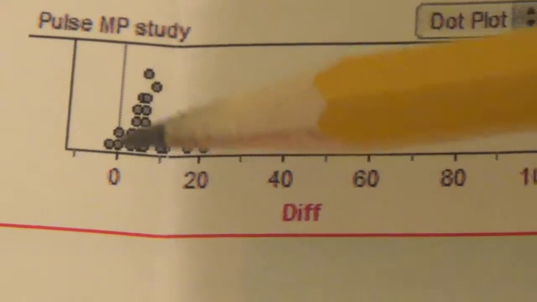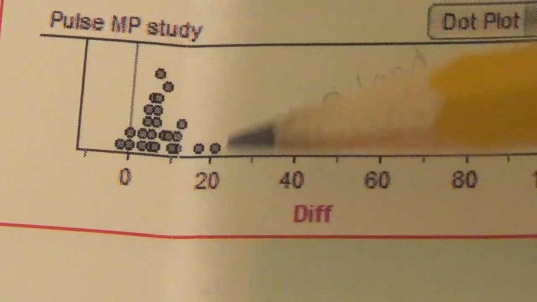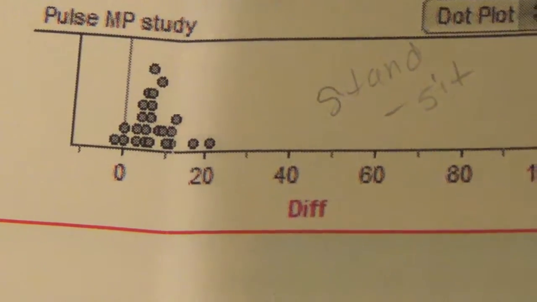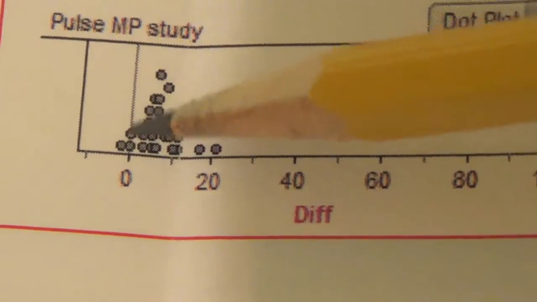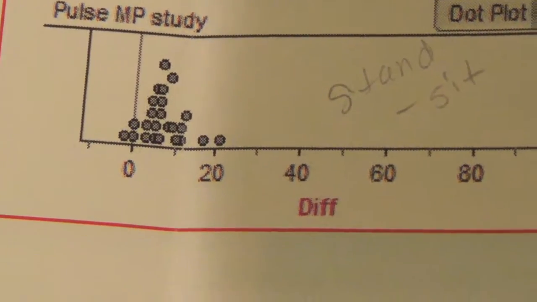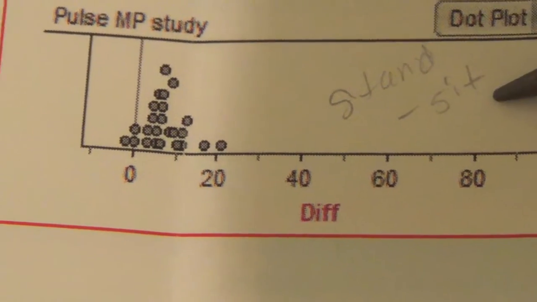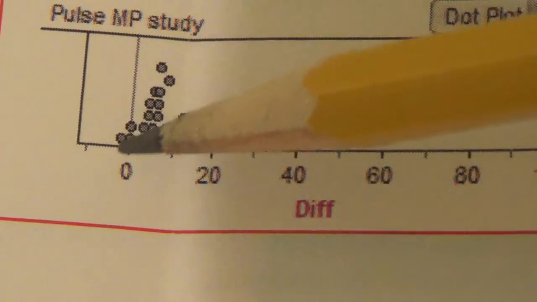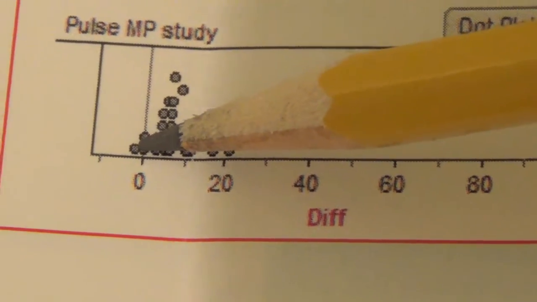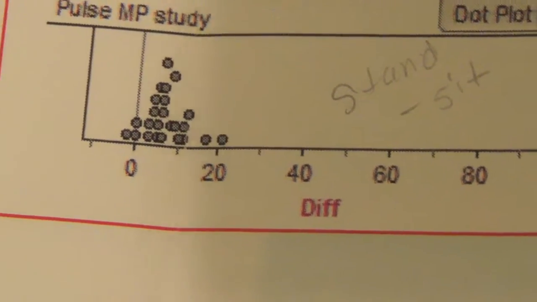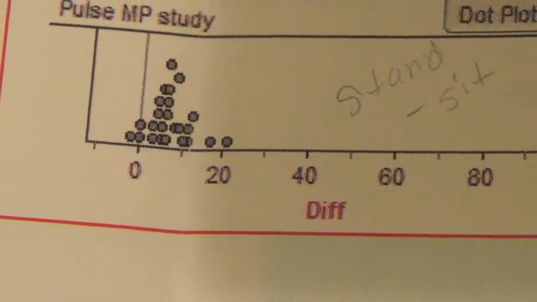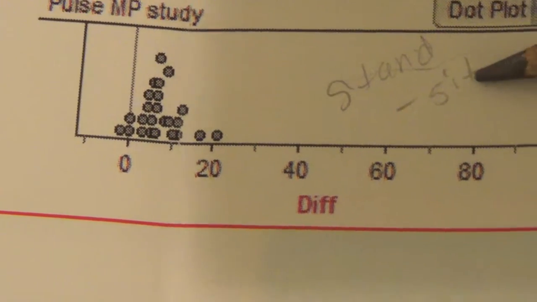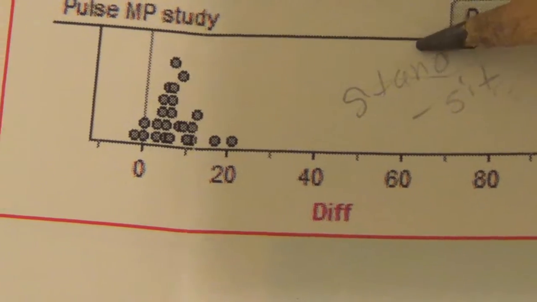So you can see most of them were above 0. And here, these were 0, so that means the standing pulse rate was actually the same as sitting. And this one down here, I think somebody counted wrong, but nonetheless, that was the result. That means the sitting pulse rate was actually higher than the standing.